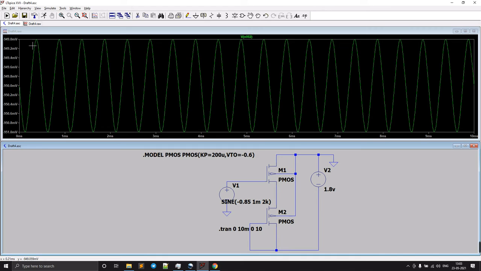This is only 1 millivolt, that means the gain is only one. The same thing happened when we took the NMOS amplifier with the NMOS diode connected. So here the gain is not high, so we need to construct some other circuits to get a good gain.